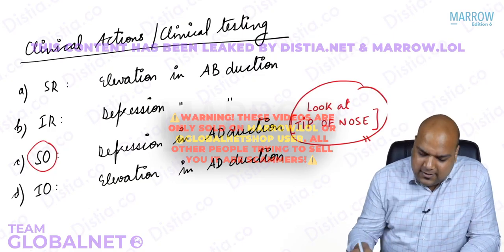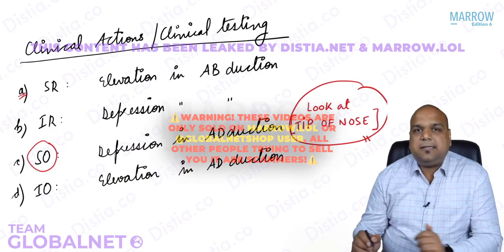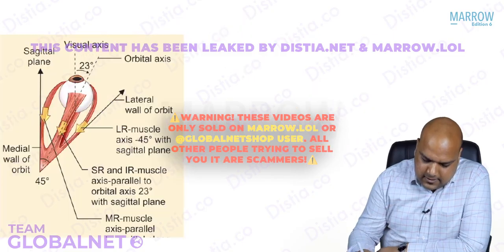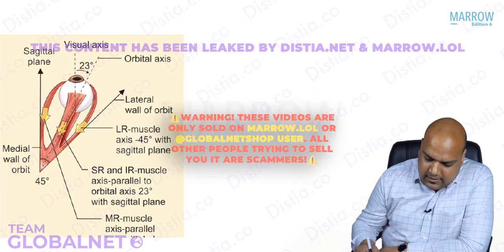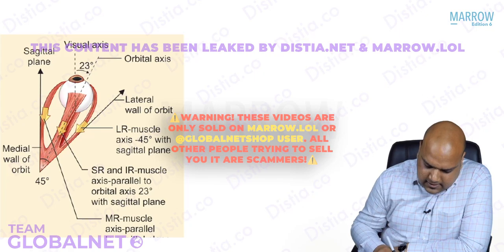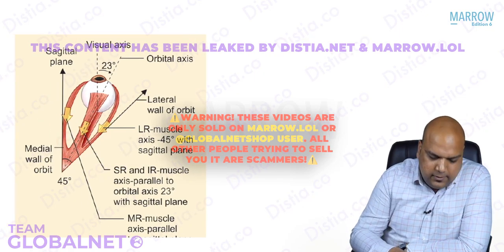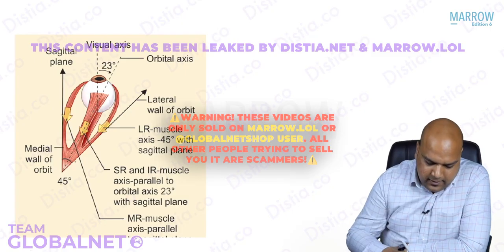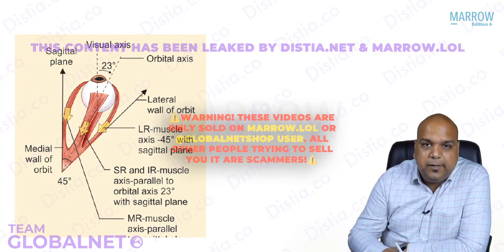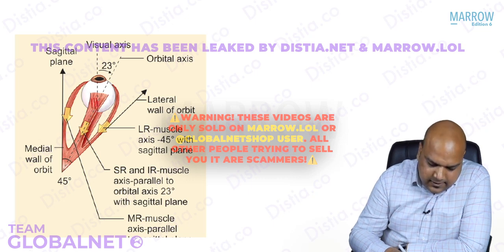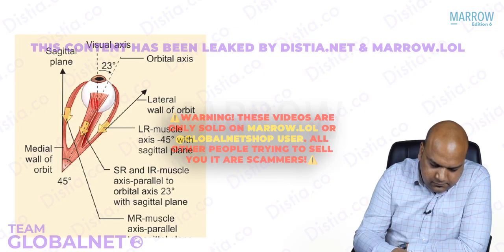Now let us try to understand, taking the example of superior rectus here, everybody. Let's see this image. In this image, we can see a diagrammatic representation of the orbit. This is the medial wall of the orbit, the nasal bone. This is the lateral wall of the orbit, everybody. This is my eye and these are the muscles. This muscle, everybody, is my superior rectus.